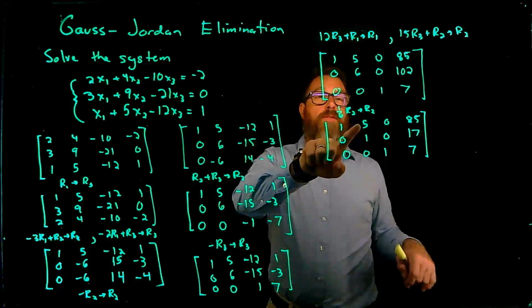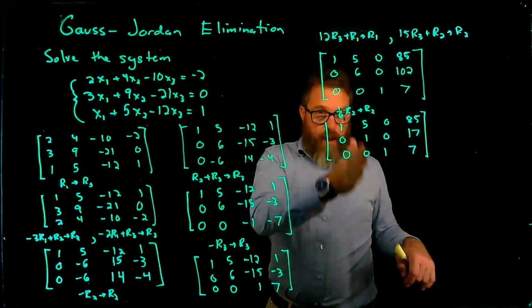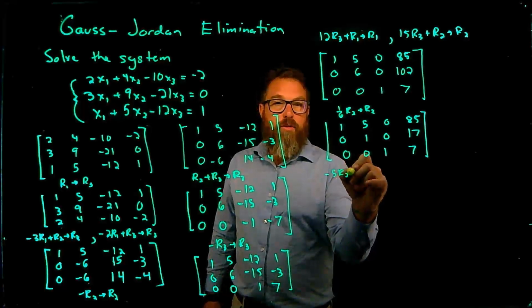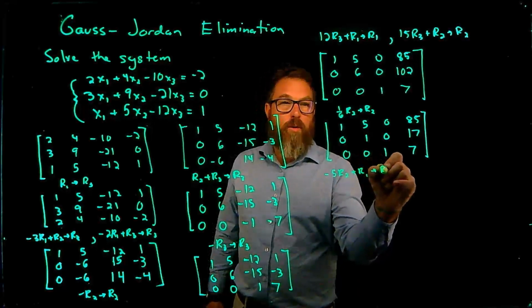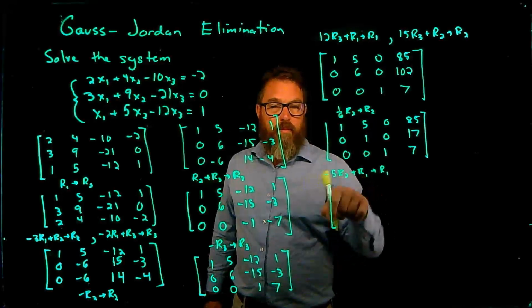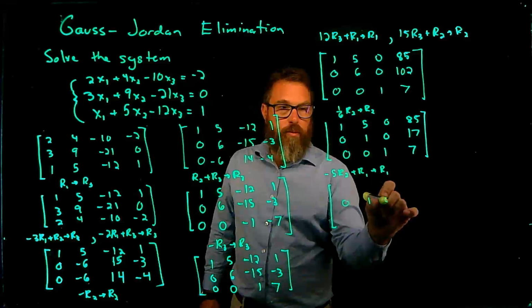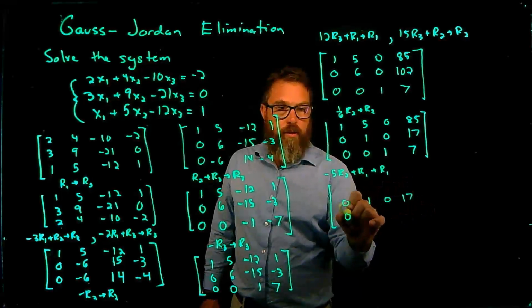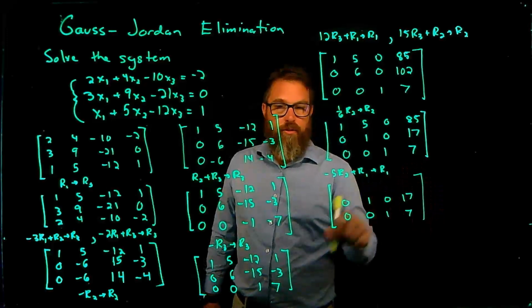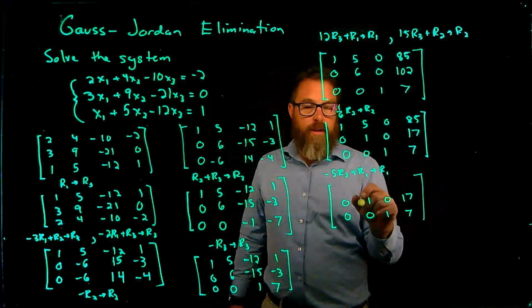I'm in column 2, so I have to use row 2. So minus 5 row 2 plus row 1 is my new row 1. And what do we get? Well, row 2 and row 3 are unchanged, which is nice. I don't know if you've spotted that, but those are the answers for x2 and x3.